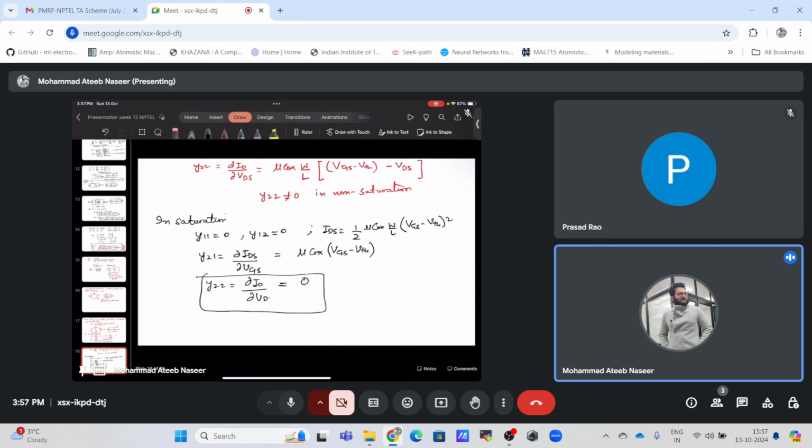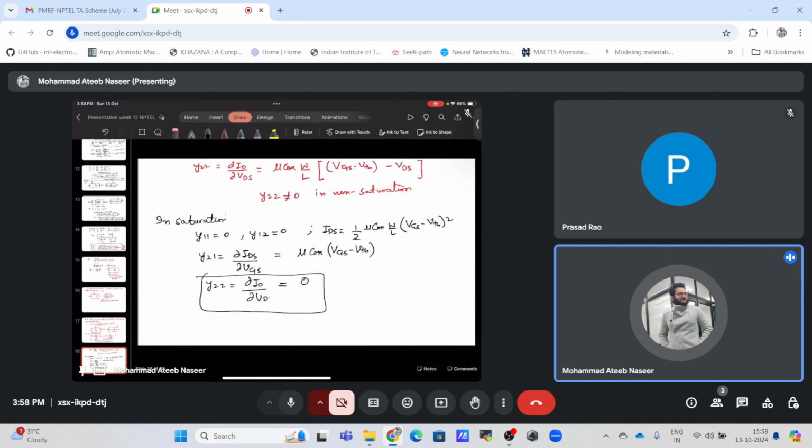So what you have seen is that in this saturation region we can ideally get the maximum gain. There are some limitations as well, for example the power supply will limit our VDS value.